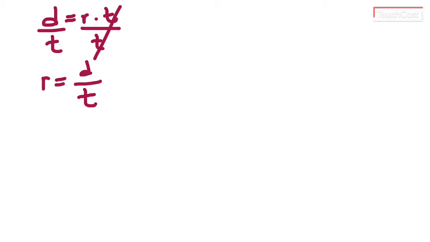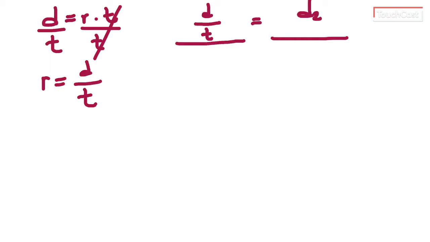If we had two rates being equal, we would fill in the distance over the total time that it took equal to the other distance. So we'll call this one distance 2 over time 2. And so if we wanted to set the rate of one person traveling equal to the rate of another person traveling, that's how we would set it up. So don't forget that you can always manipulate variables.